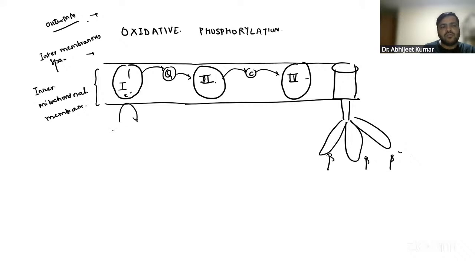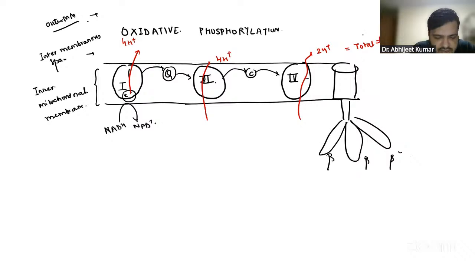Now you already know NADH goes to NAD plus. Basically, the electron is coming from this NADH and jumping. We are pumping 4 hydrogen from here, 4 hydrogen from here, and 2 hydrogen from here. So in total we have 10 H plus, right?